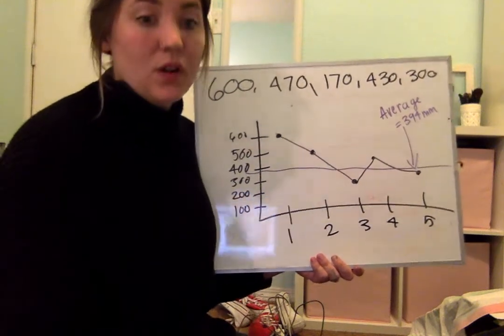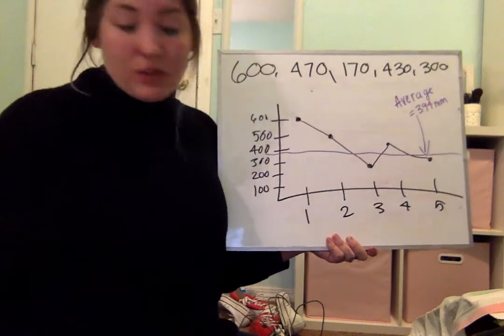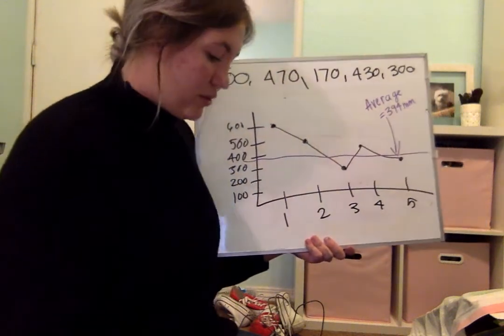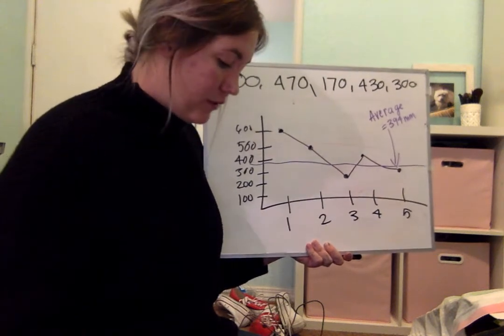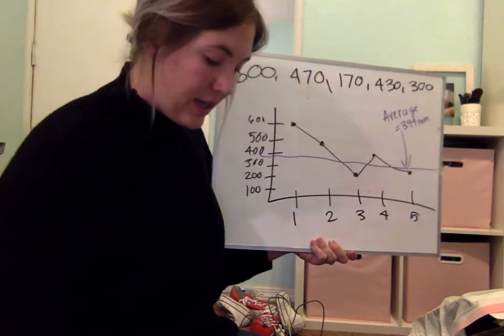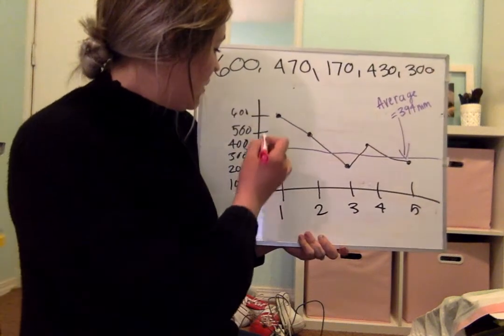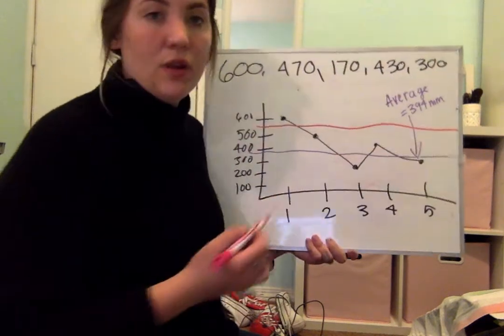Our standard deviation was 147, so we're going to take our 147 and add it to the 394. We get 541. Using our 541, we're going to put a line there.